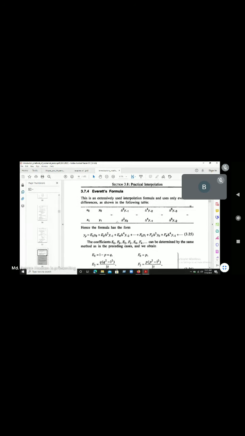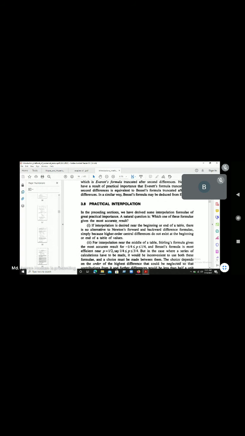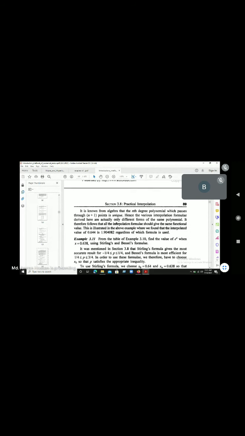The last method will be the backward formula, Stirling formula, practical interpolation. So all of you see here.